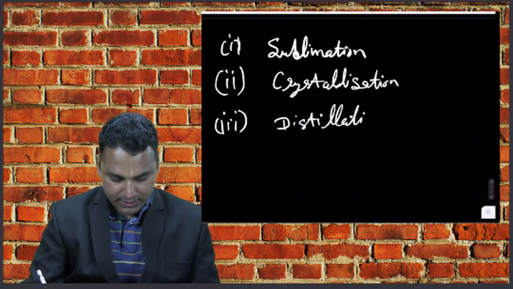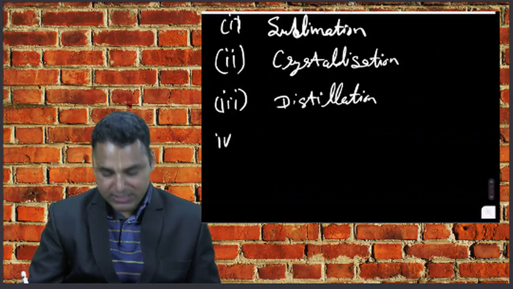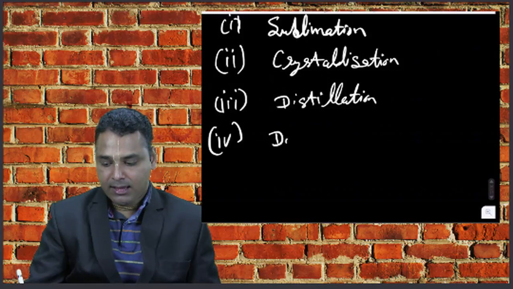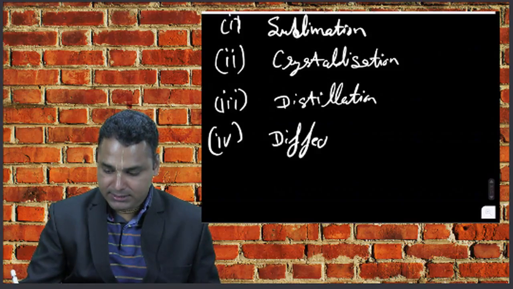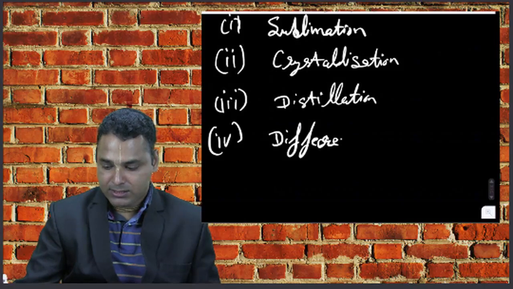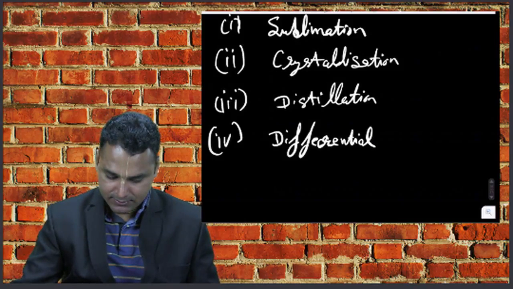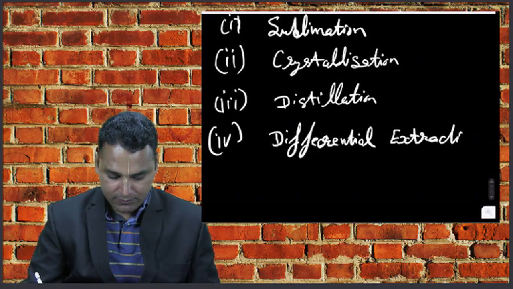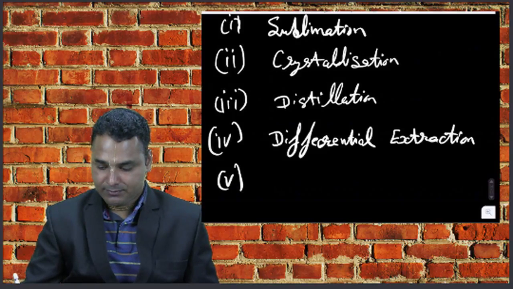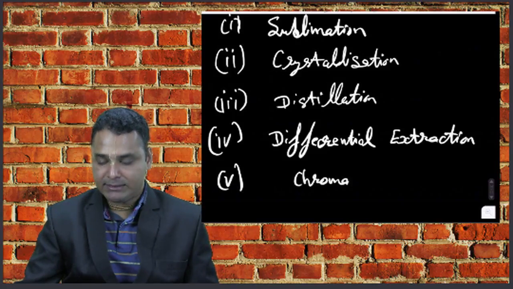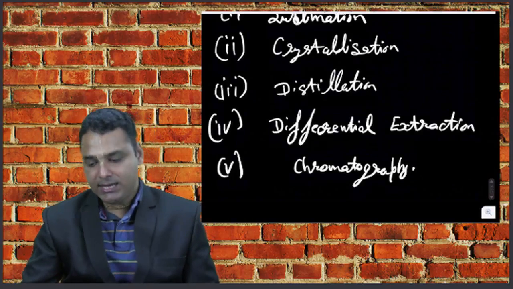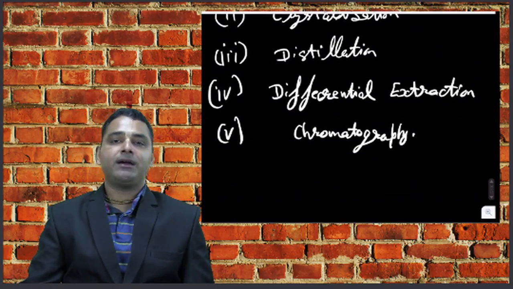The fourth one is differential extraction, the different extraction techniques that you might have studied in your junior classes. And the fifth one is chromatography, to separate the different components of a mixture. So these are some of the techniques that we employ to purify organic compounds.